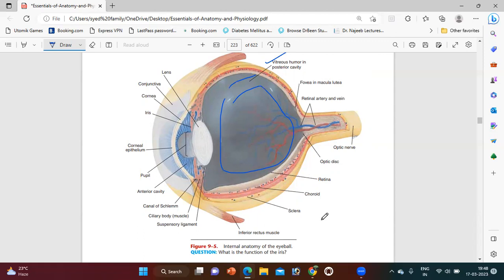The vitreous humor will come out of this, and what will happen? Okay, the cornea, the retina, the choroid, the sclera, everything will disappear, meaning will come into another place. Okay.